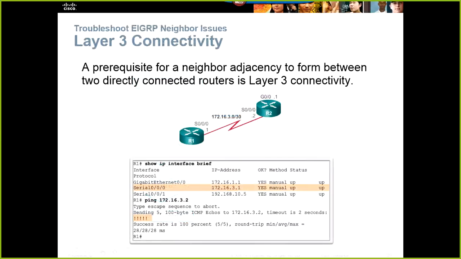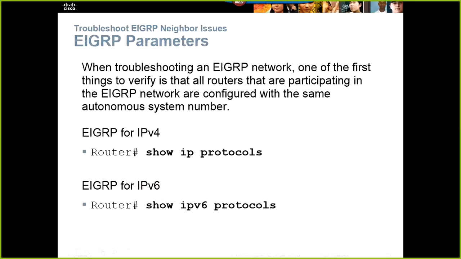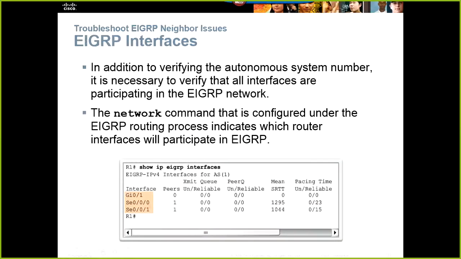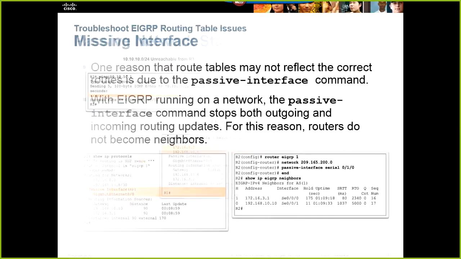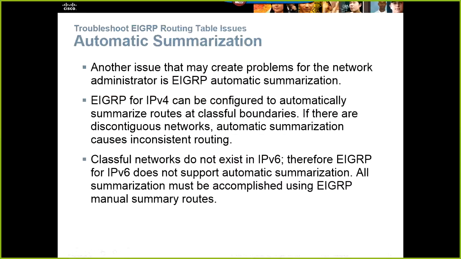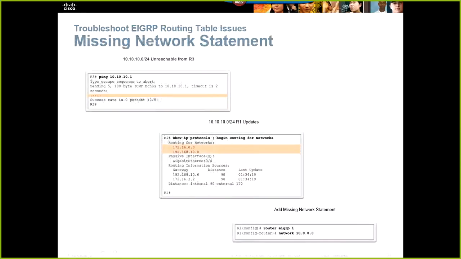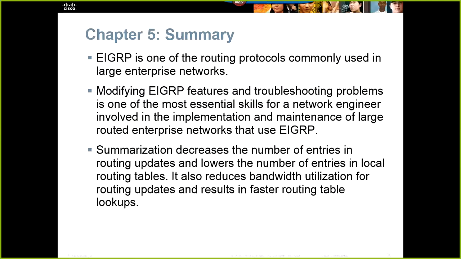Ping and traceroute are very important for connectivity. Show IP protocols, very important. Okay, so passive interface, we talked about it. Some errors that can happen: make sure you have added a network statement for all your directly connected networks. Sometimes you miss a network, and then you say, why can't I reach it? Because you didn't advertise it. Okay, so these are some common troubleshooting techniques.